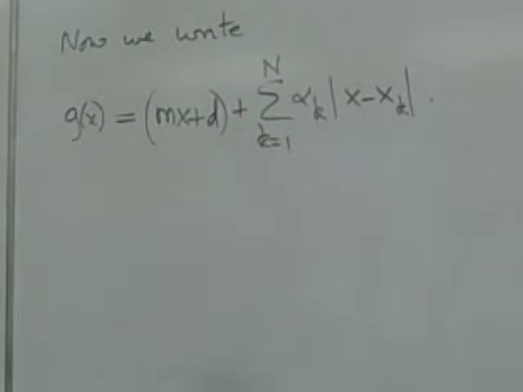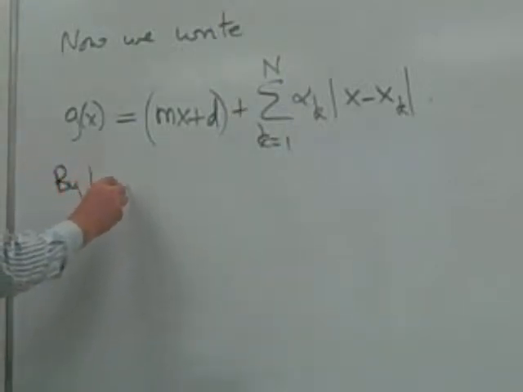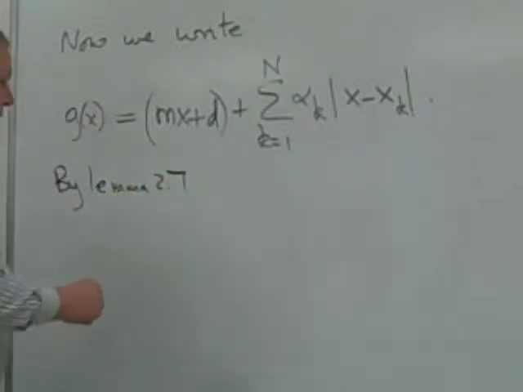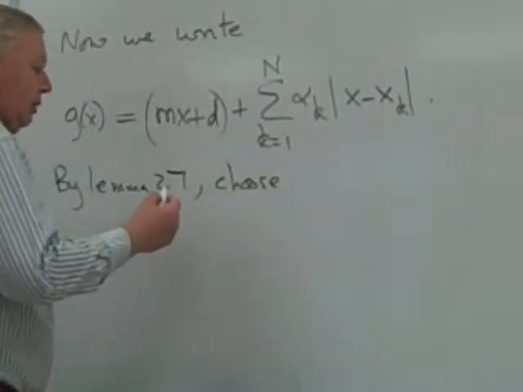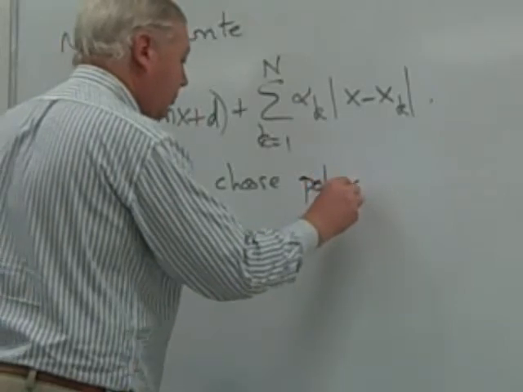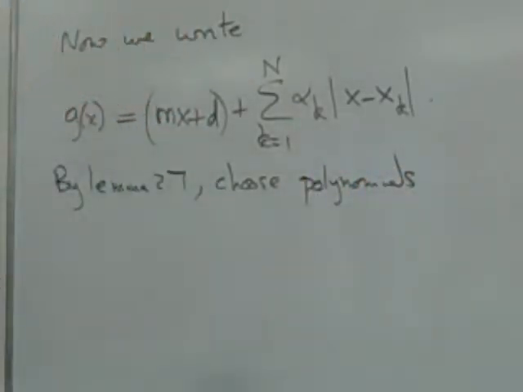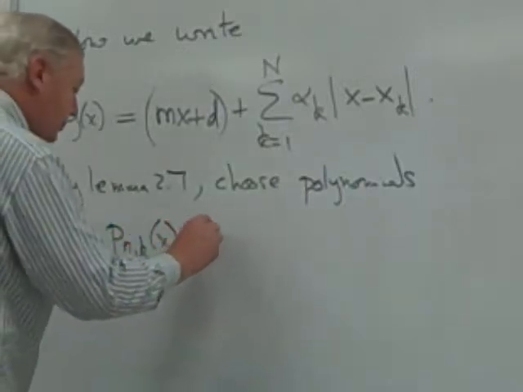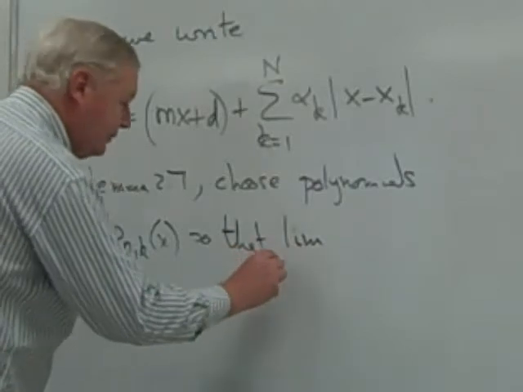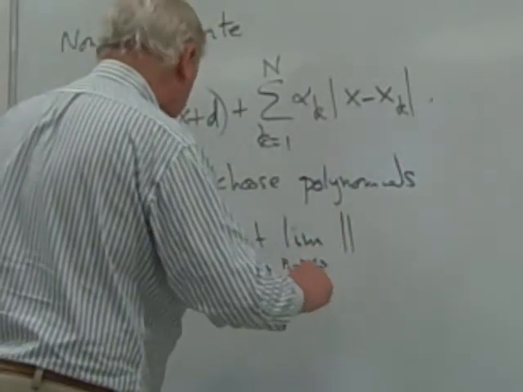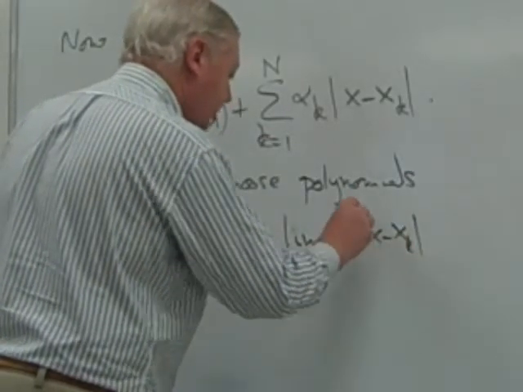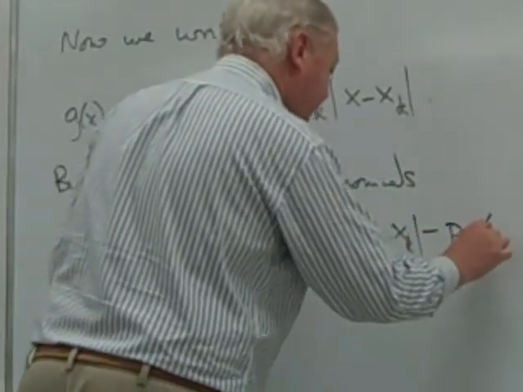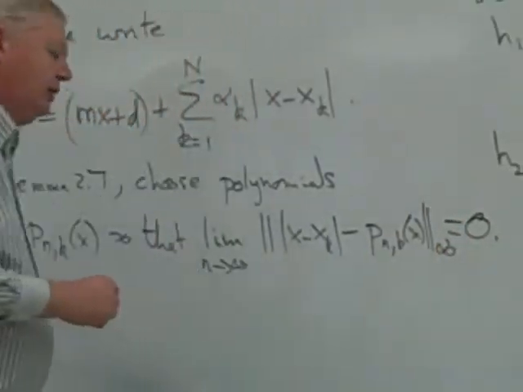So the previous result, by lemma 2.7, choose polynomials, I'm going to index them by k and n, P sub nk of x, so that the limit as n goes to infinity of the infinity norm of the function absolute value of x minus xk minus p sub nk of x is equal to 0.